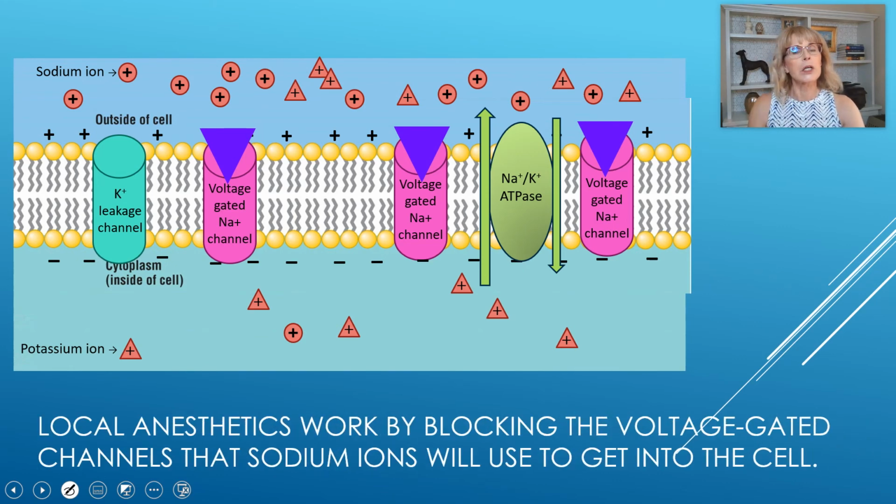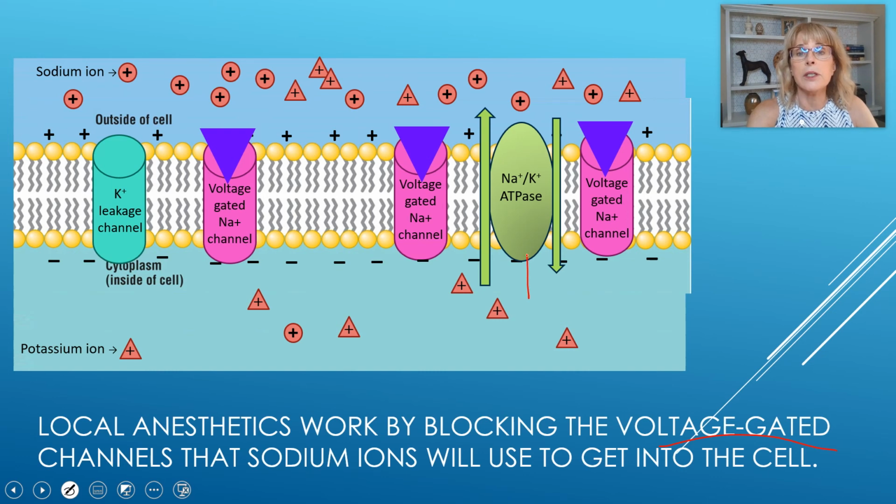Now, before we conclude this little video, let's talk about how local anesthetics work. The most common local anesthetic is lidocaine. Lidocaine and its derivatives like bupivacaine or whatever, they work by blocking the voltage-gated channels. So here I've got my lidocaine as this pretty purple-blue triangle, and you can see it's blocked the voltage-gated sodium channel.